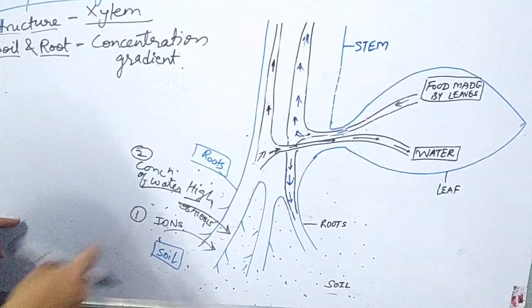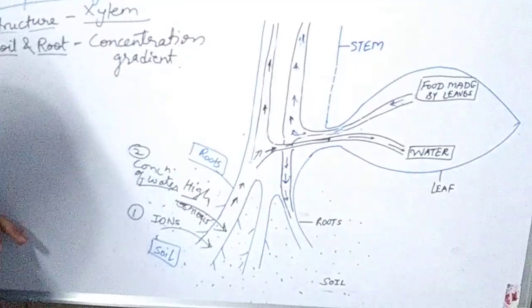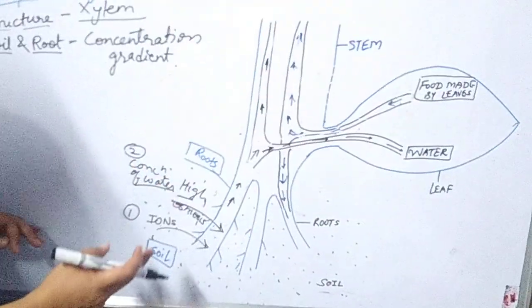These two steps take place alternatively, and they push the water upward from the roots to the upper part of the plant.